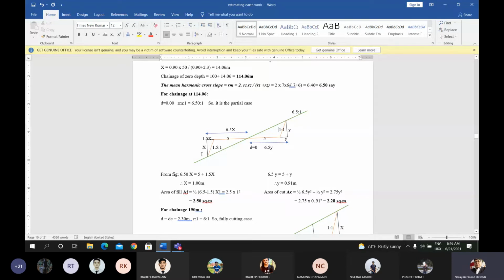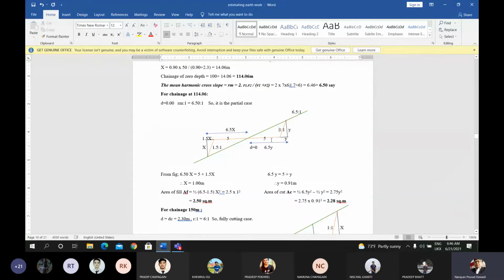The equation is this. Now prolong the line towards the edge of this slope portion, so that we can draw the perpendicular of x value from here. Similarly, draw the perpendicular up to the upper toe of this cutting portion from the baseline as y.